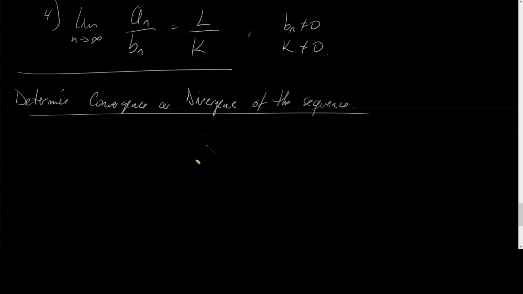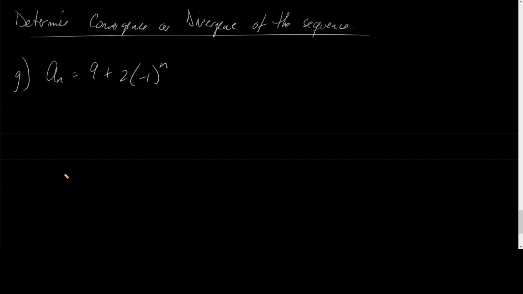All right. So, for example, we'll go through an example right now, actually. So G, if I had a sub n is equal to 9 plus 2 times negative 1 to the n. Well, let's see what would happen here. If I start putting out all the terms, right?